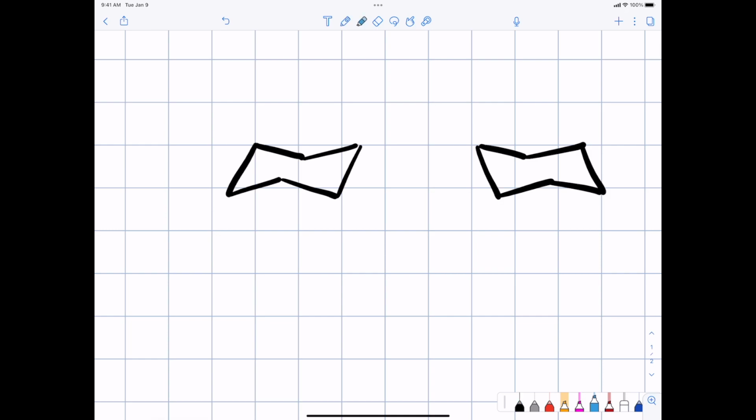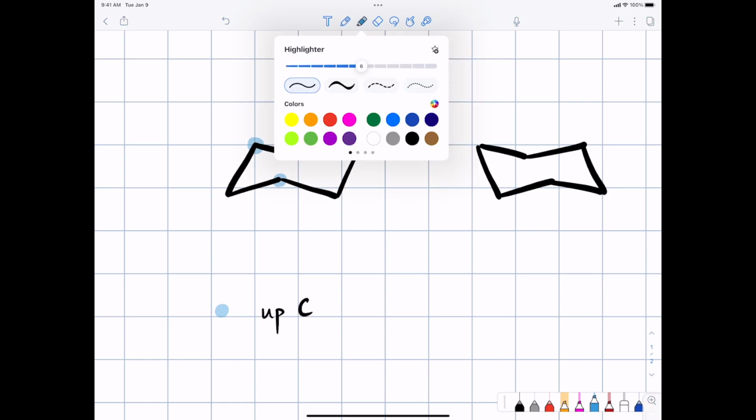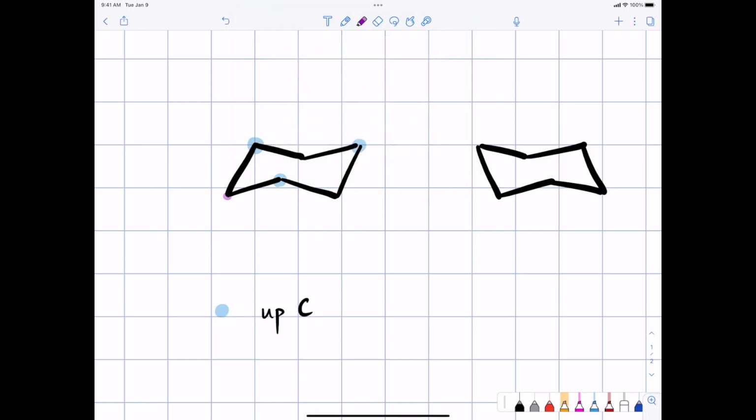So just so we're all on the same page, in blue, I'm going to highlight the up carbons. And let's use purple for the down carbons.